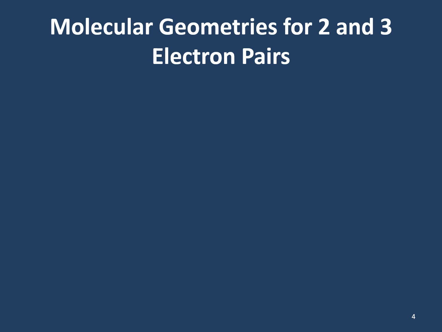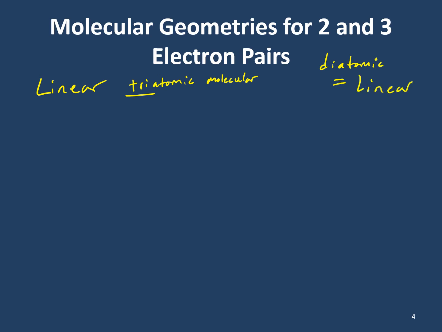When we talk about a linear molecule, we are referring to a triatomic molecule. All of these electron group geometries are dealing with at least 3 or more atoms in your molecule. If you have a diatomic molecule, the answer is always linear for its shape.